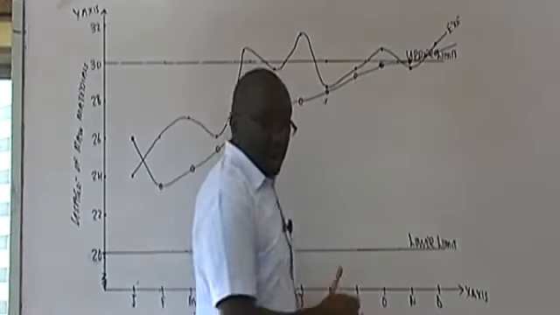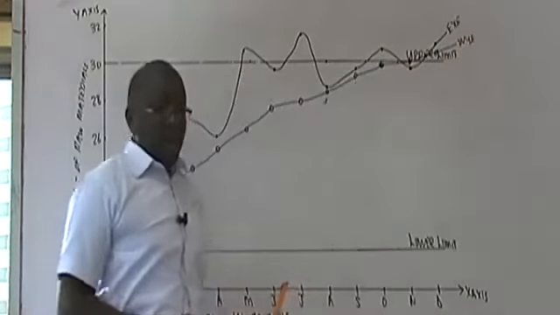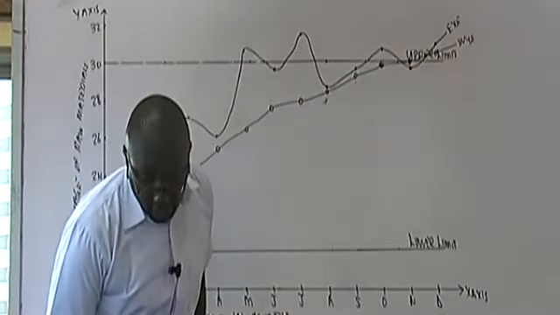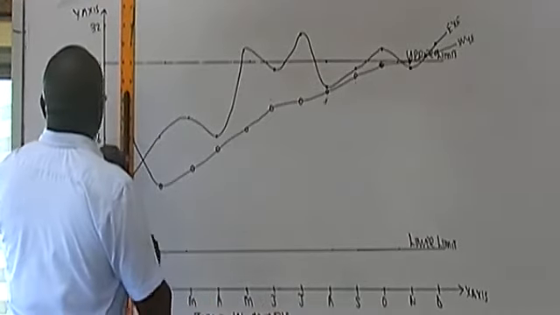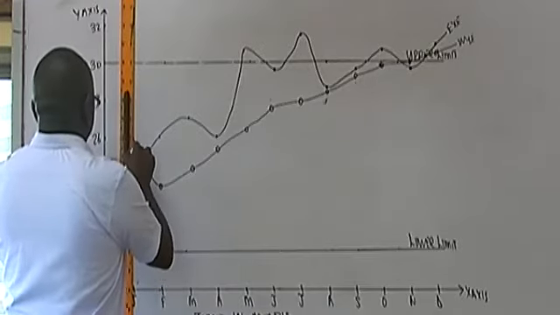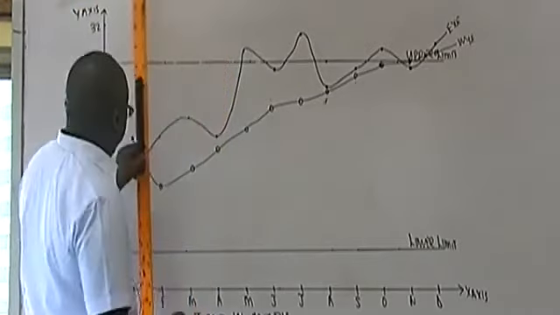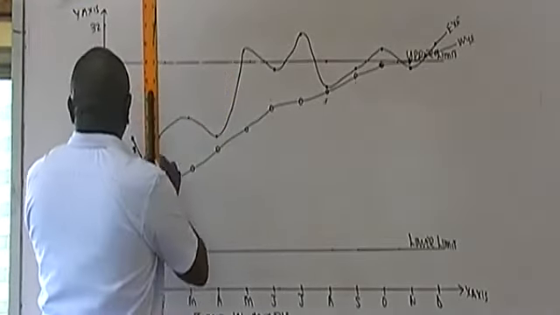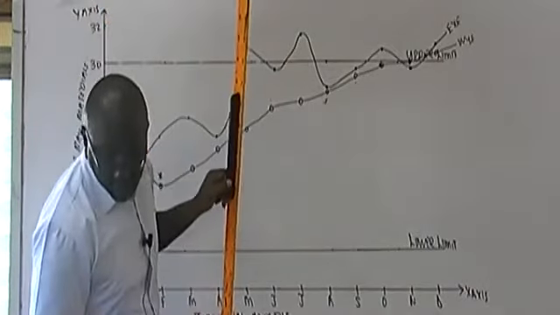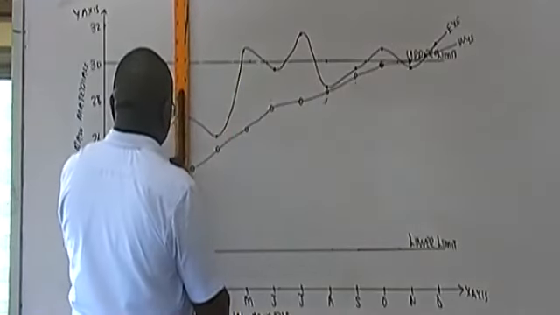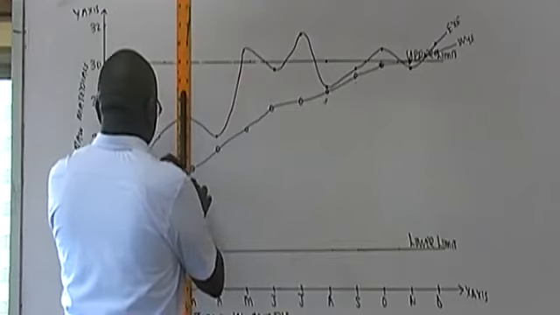That is now y. Then 25,750. 25,750. 24 is here. 23,500. 23 is here, so 500 somewhere here.